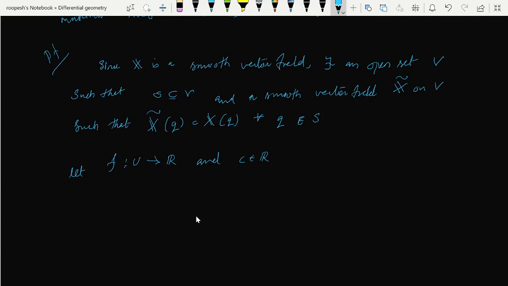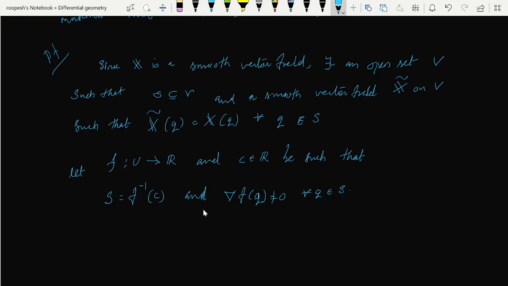That's why we are defining such a function. This means that S is a surface.